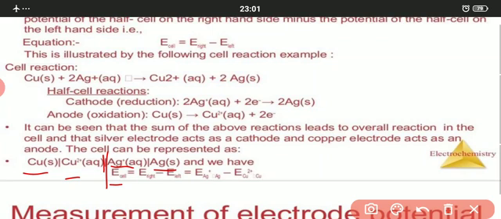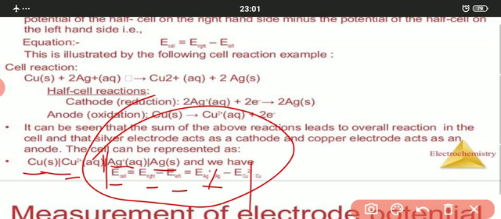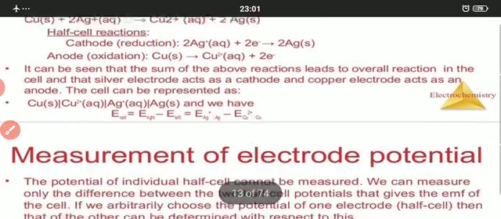Here E cell is equal to E right minus E left. On the right we have Ag+|Ag, on the left we have Cu+2|Cu. So this way we can write the electrode potential of the cell.